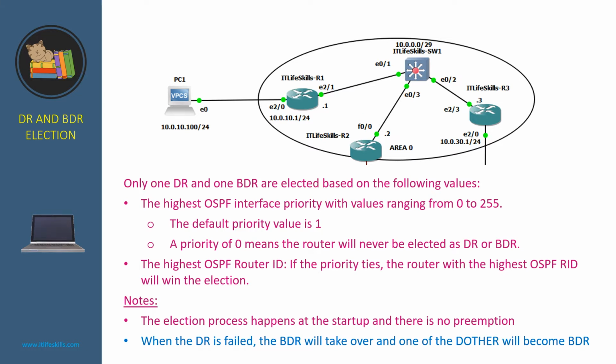All the other routers that we configure after that will become the other routers. However, if we restart all the routers after the configuration, then the election process begins. When the DR fails, the BDR will take over and one of the other routers will become BDR.